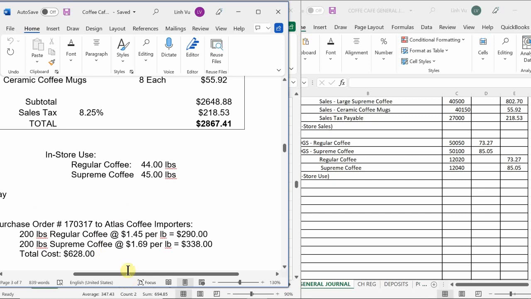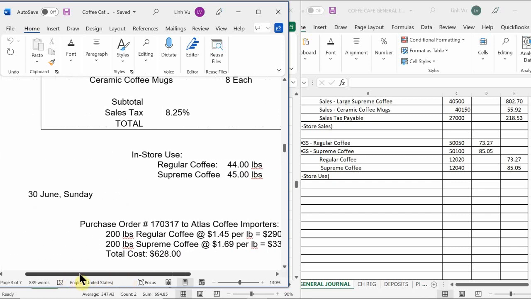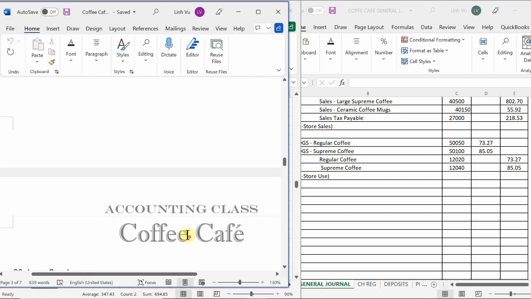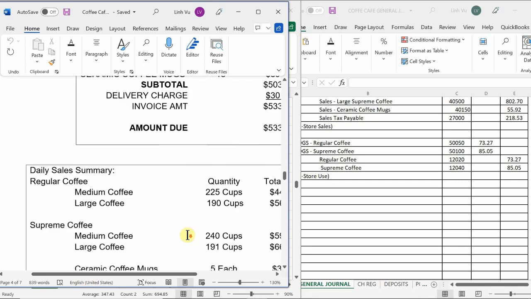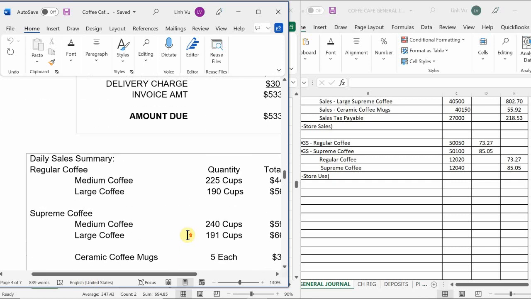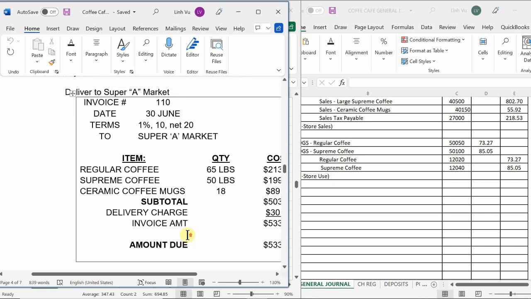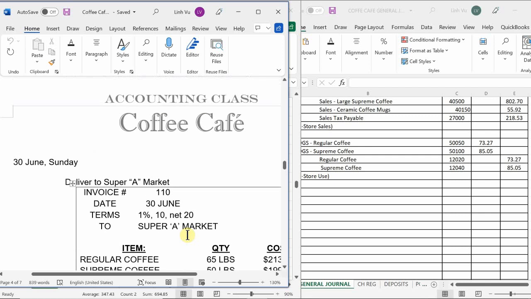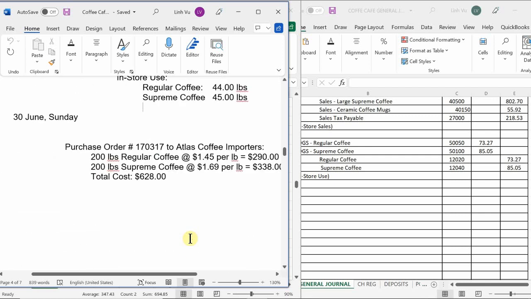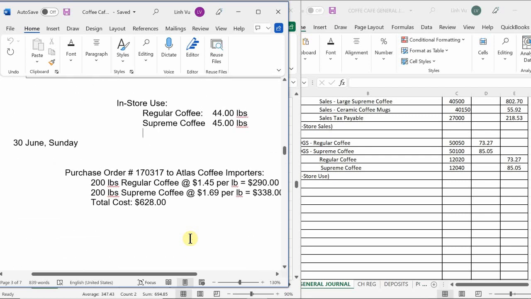It is now the last day here, so let's see what we have. Let's go ahead and do this purchase order, and then we'll go on break.